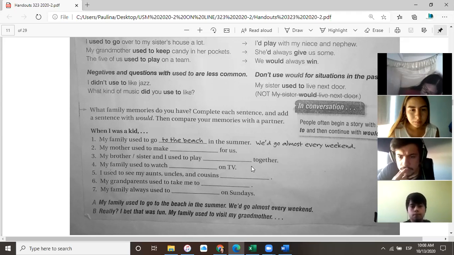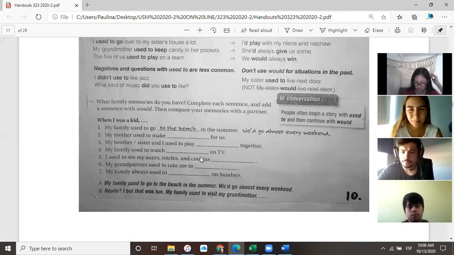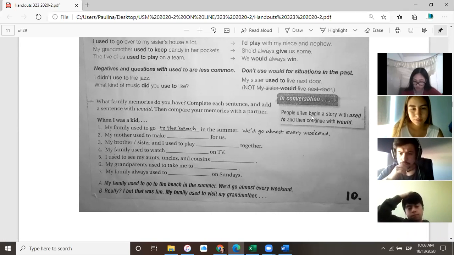My brother and I used to play basketball together. You have to say first "used to" and then "would," because this is in a conversation.